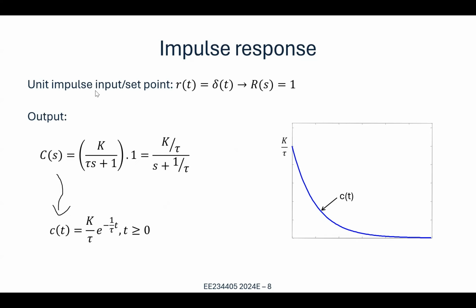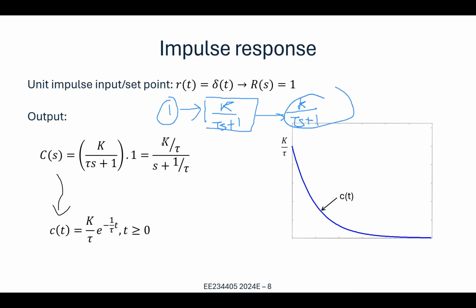So basically the input here is just 1, so it's multiplied by whatever we have, as long as it's in the form of k per tau s plus 1. The output here would be the same, k per tau s plus 1. So what does it mean to have such output? Well, we multiply this by 1 since the input is 1, and we have k per tau per s plus 1 per tau.